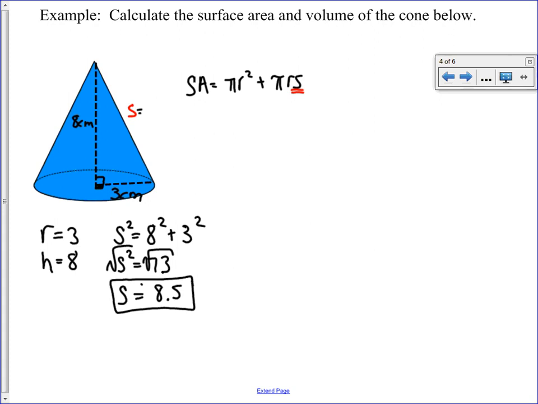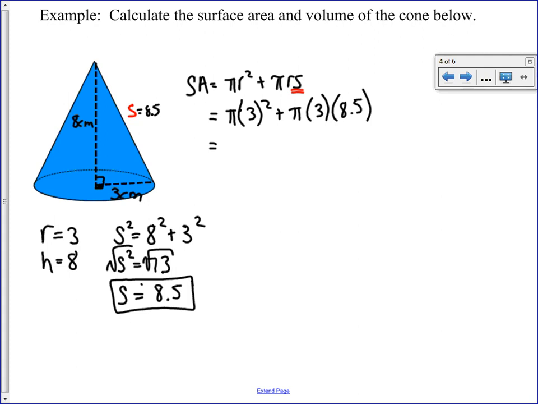Substitute that into our picture, and now we have enough information to fill in our surface area. So we have pi times 3 squared plus pi times our radius, which is 3, and our slant height, which is 8.5.